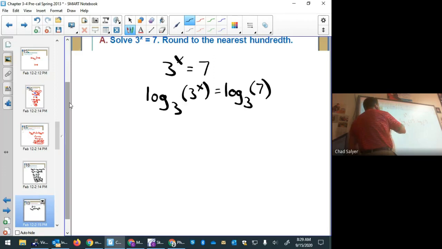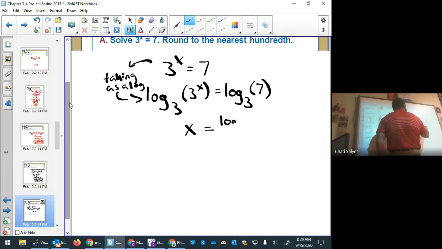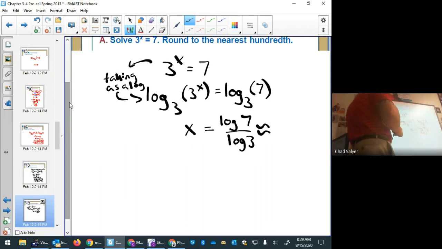So this is taking both sides as a log. And I'm going to choose whatever base is the exponential's base. So this would be x, and I'll rewrite this using the change of base property so I can estimate it in my calculator.